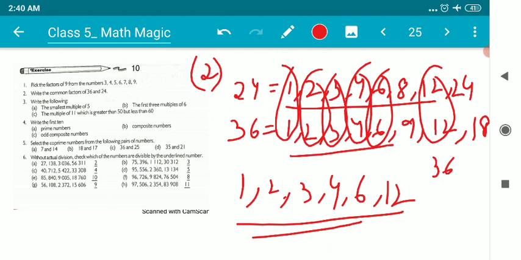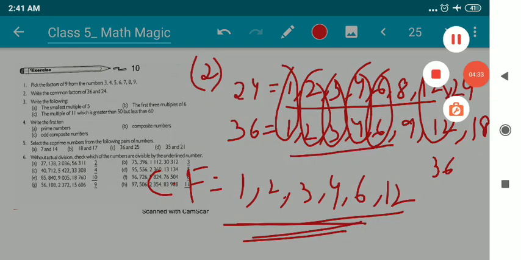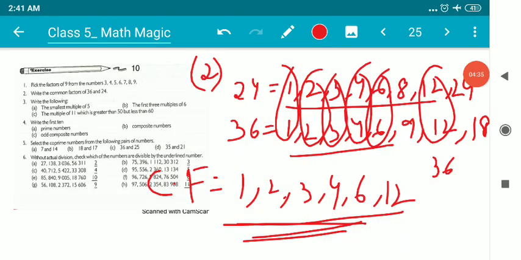These numbers are the factors of both 24 and 36. So that is the answer. These are the common factors. I believe it's clear to everyone, children. This is how we have to deal with such things.